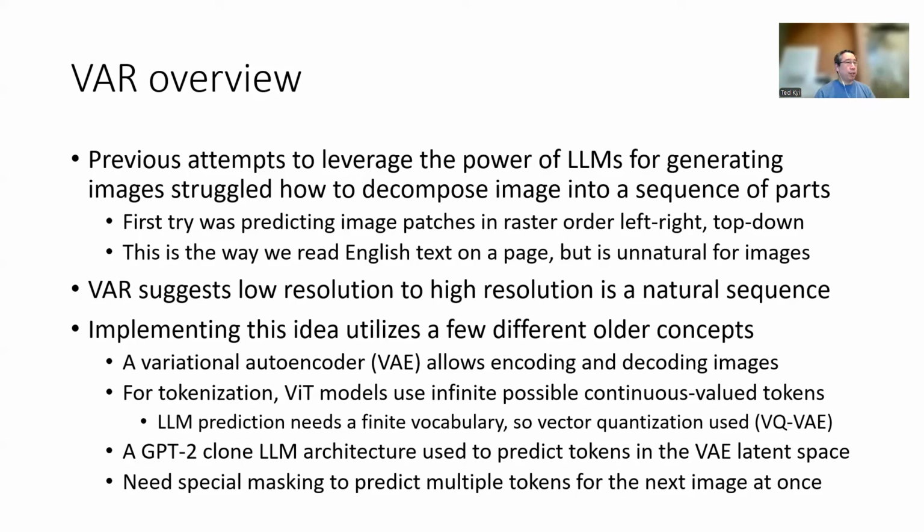Now they want to predict an entire image, multiple tokens at once. How exactly do you do that? There's not a super obvious precedent. It doesn't take rocket science, but it requires a little something. We're going to need to figure out how to do that, and we're going to have some special masking to get that right. So that's just a high level overview of the concepts.